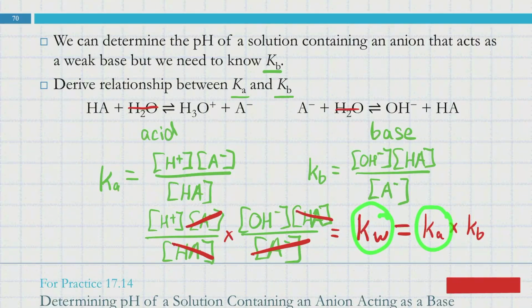It's 1 times 10 to the minus 14. And so we can calculate a Kb value, and that unlocks our ability to solve problems with these conjugate bases and later, possibly, conjugate acids. You don't need to know how to show this derivation. This is just proving to you this isn't just coming out of nowhere. The hat man didn't gift me with this knowledge. It is real.